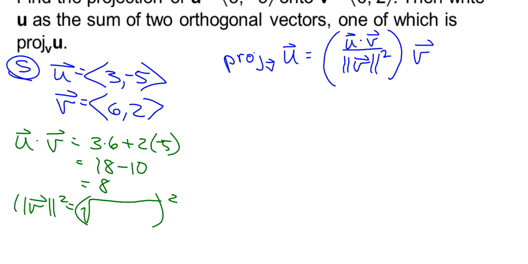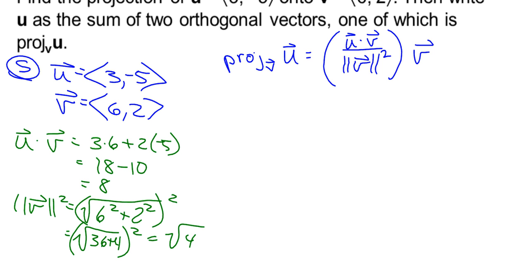And then how am I going to figure that out? 6 squared plus 2 squared. So square root of 36 plus 4, but then we're going to square it. So square root of 40, but then squared. So it's going to be 40.